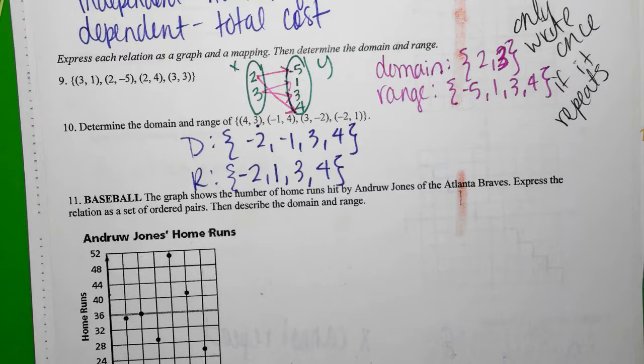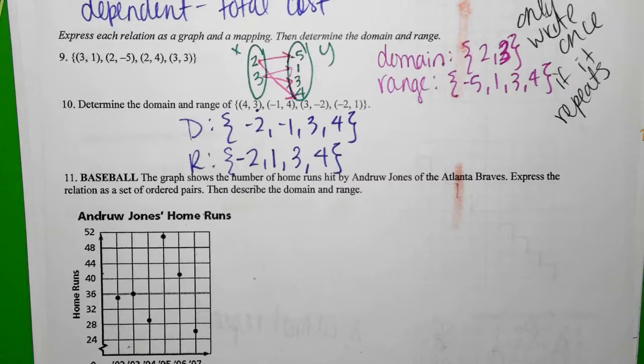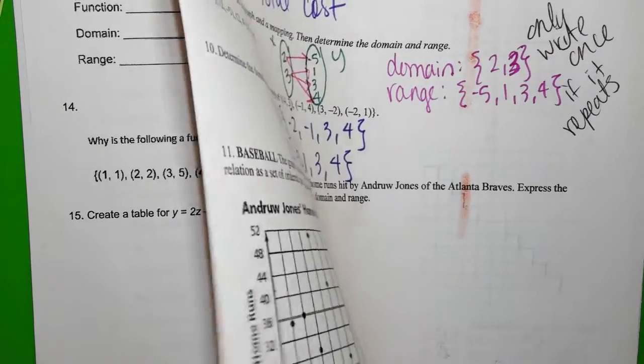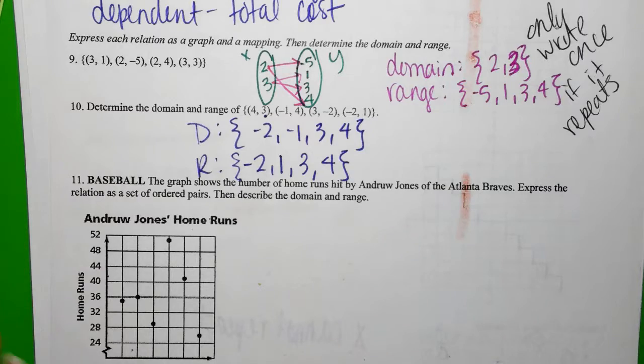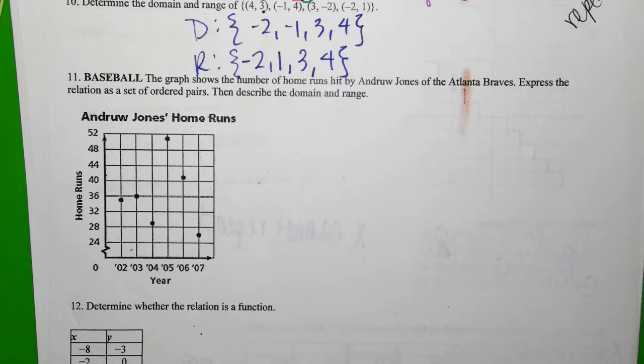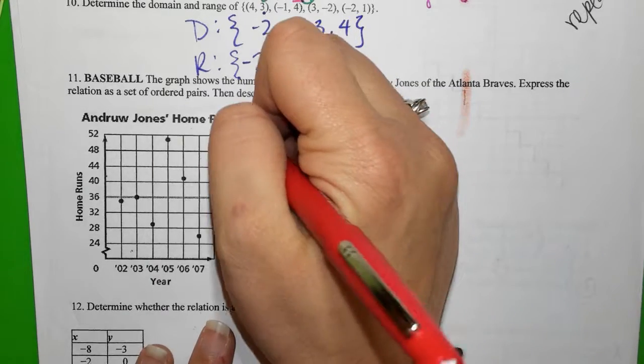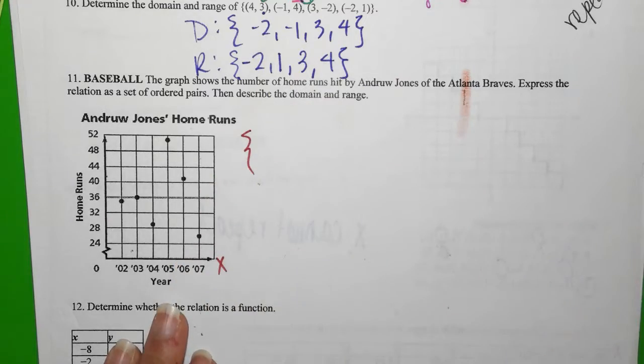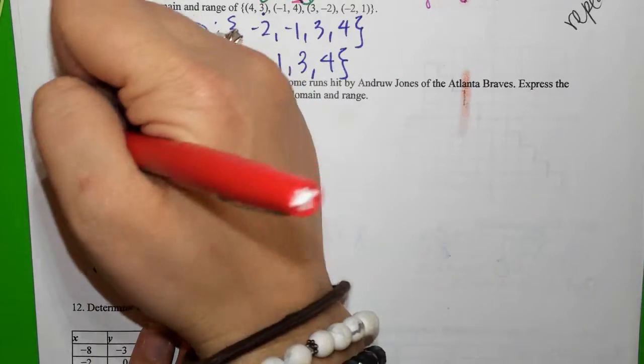Are we ready for 11? We're almost done. Alright, so it says to write it as an ordered pair and then describe the domain and range. So your ordered pairs, what comes first? The X, which is the year. Good. And what comes next?